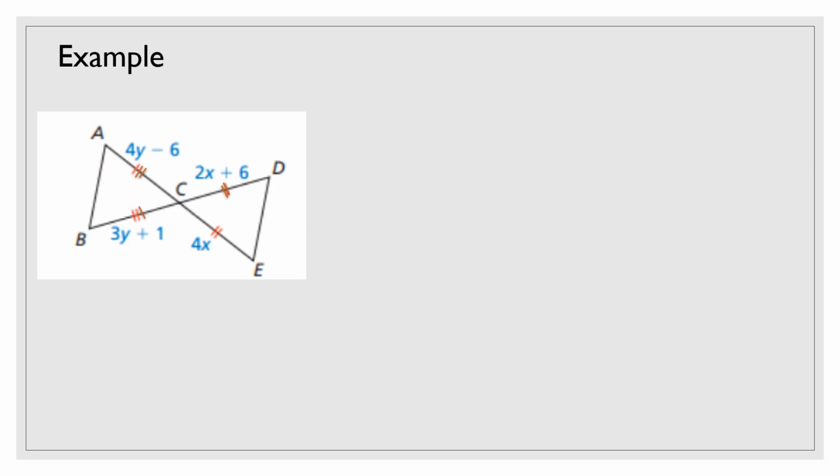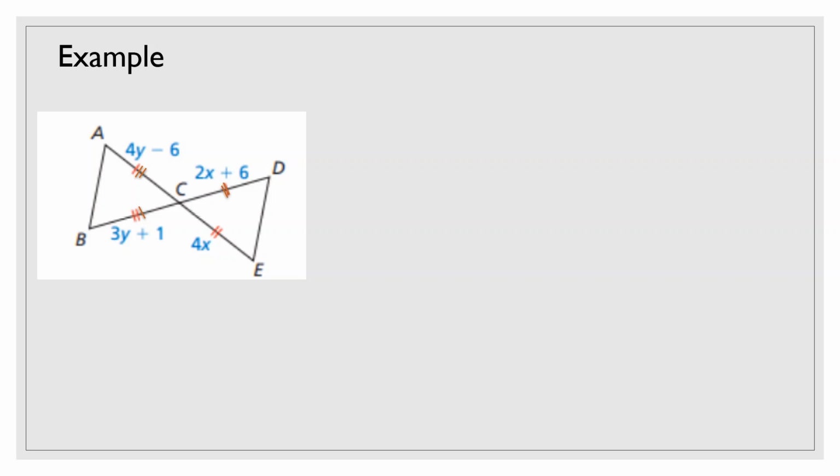Another example. Makikita natin that in the figure, we have the corresponding parts or the corresponding sides which are congruent using the tick marks. So in here, AC is congruent to BC and yung DC is congruent to CE.